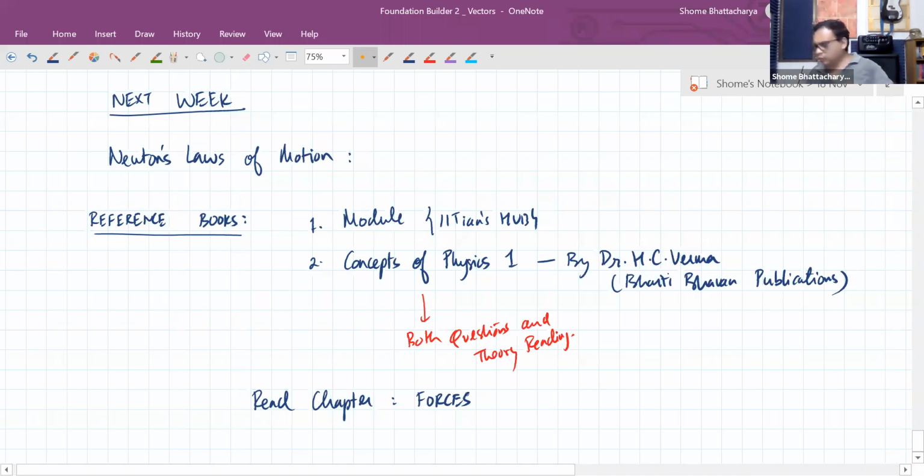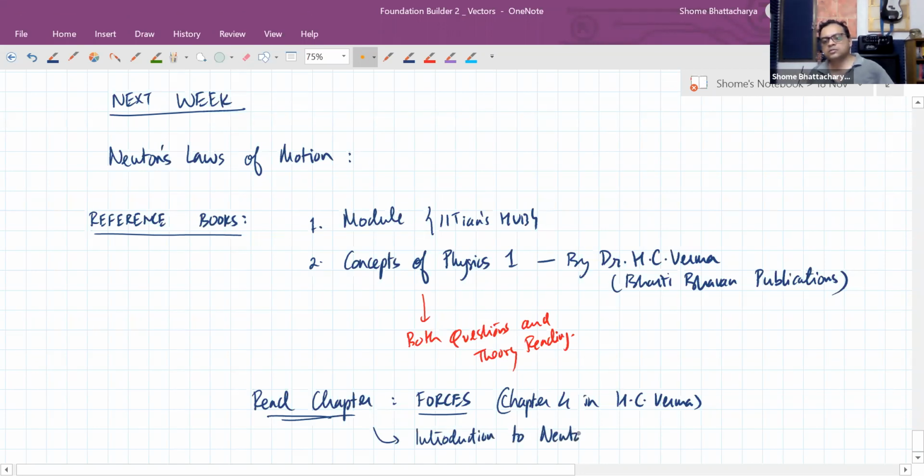It's actually chapter 4 in HC1. Okay. Read this chapter. It is like an introduction to Newton's laws of motion, so it will help you understand them better when we come directly to that chapter.